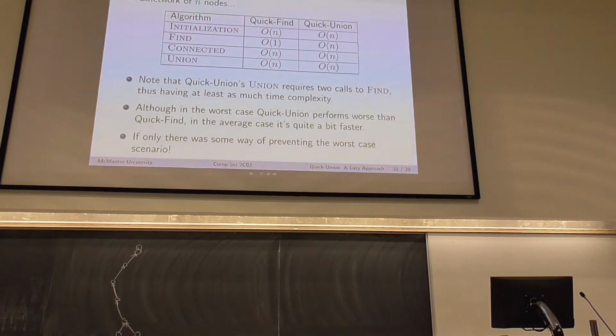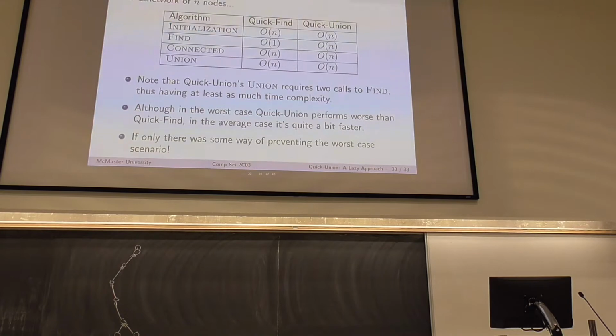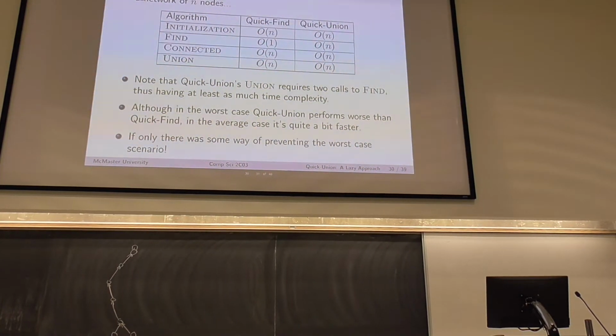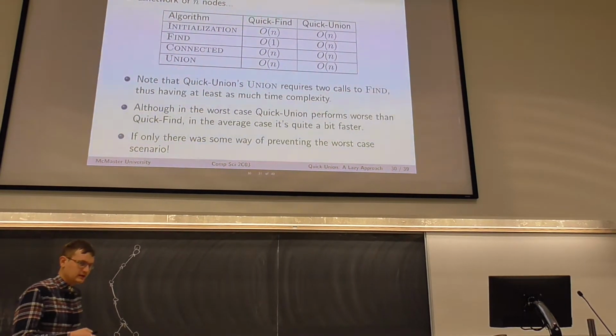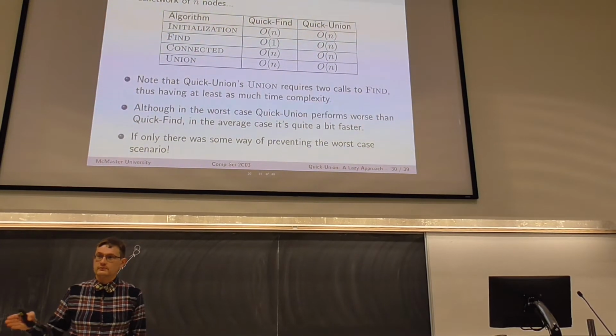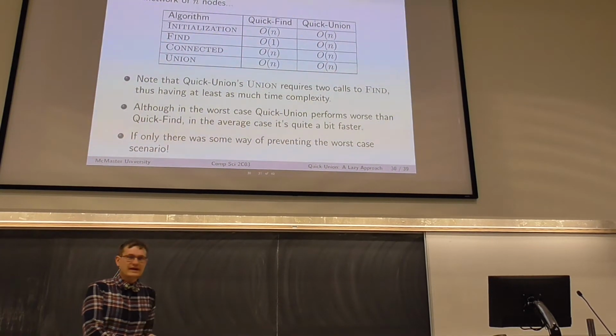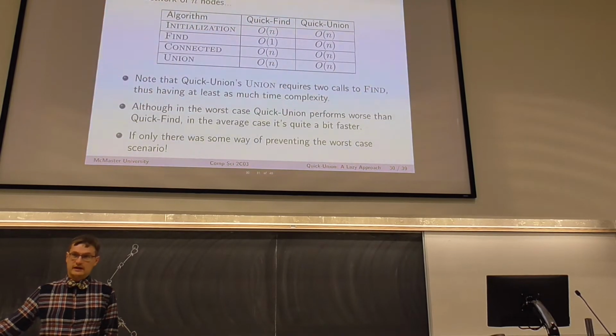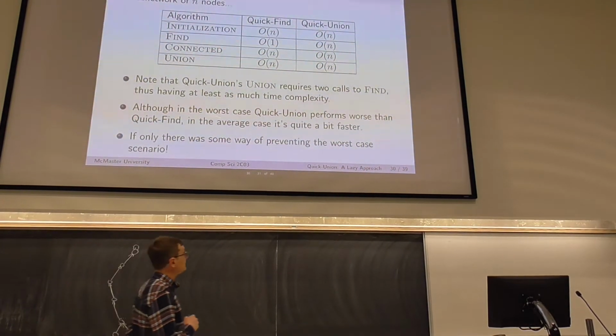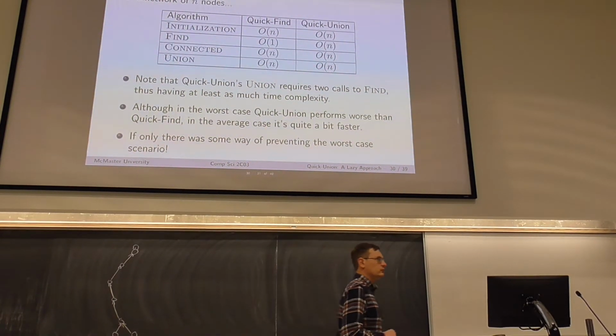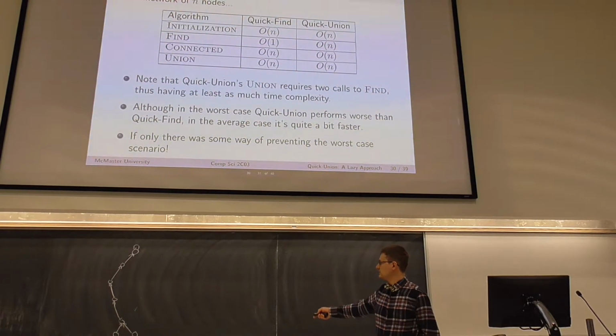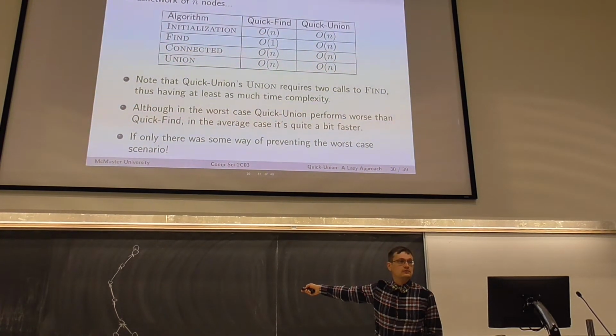If you think about union in quick find, you are absolutely required to check every single element of the array every time you perform union, right? So that is a very stable runtime result. In the case of quick union, you really only have that when you're in the worst case scenario, right?